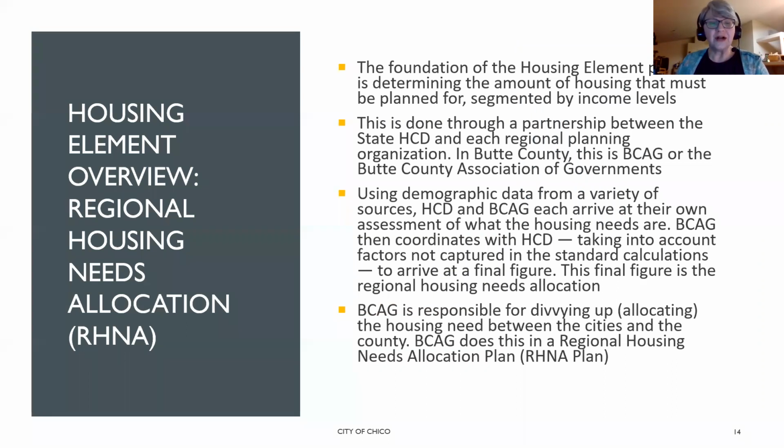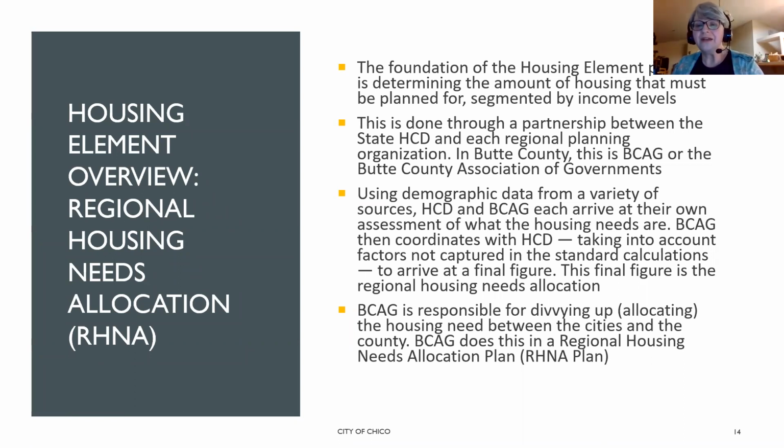So I wanted to talk now about the Regional Housing Needs Allocation, which is sometimes referred to as RHNA. The foundation of the housing element process is determining the amount of housing that must be planned for, segmented by income levels. And the way this is done is through a partnership between the state HCD and each regional planning organization throughout the state.